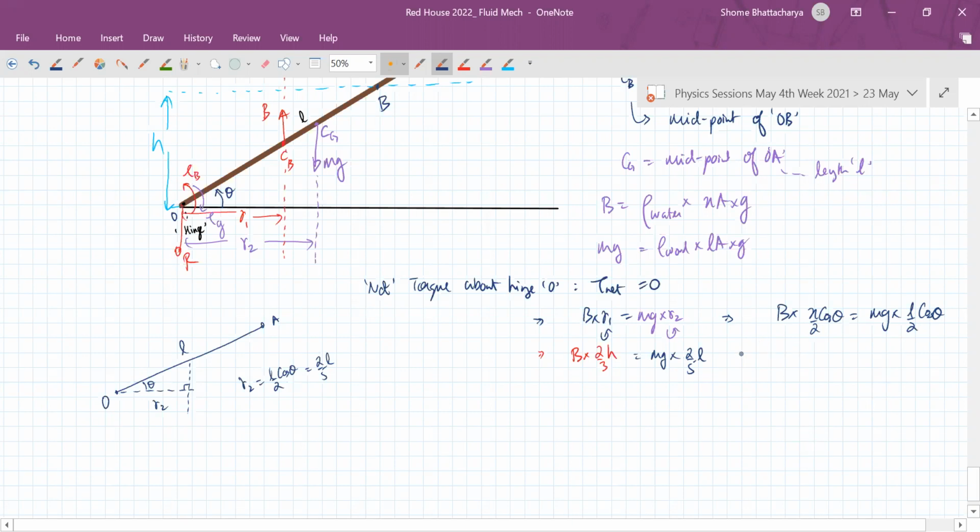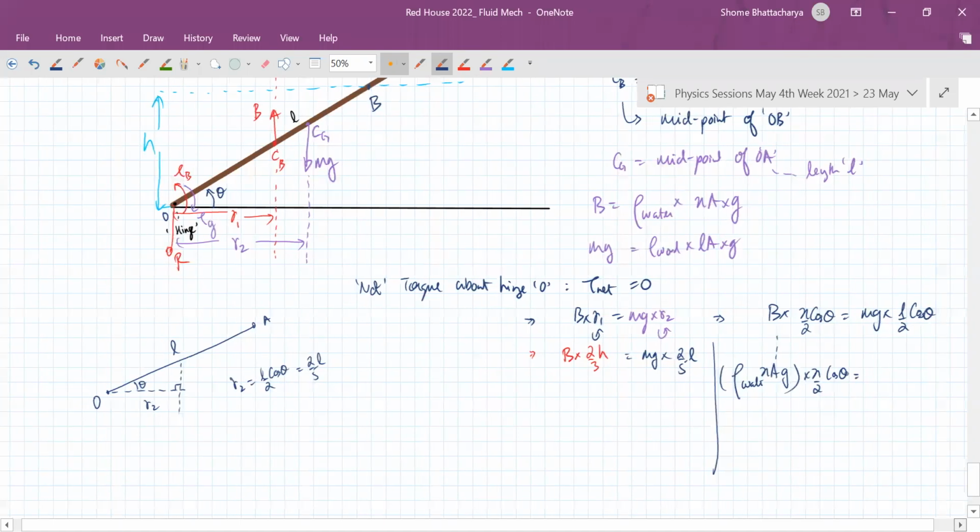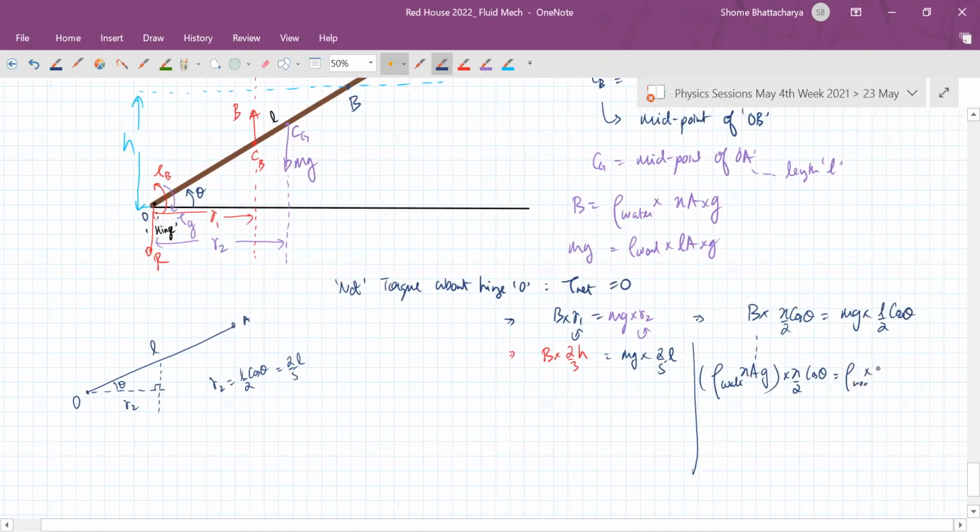Now buoyant force itself is equal to how much? It is density of water into x into A into G, and mg is density of wood into L into A into G. So ultimately what we get is that density of water into x square should be equal to density of wood into L square.